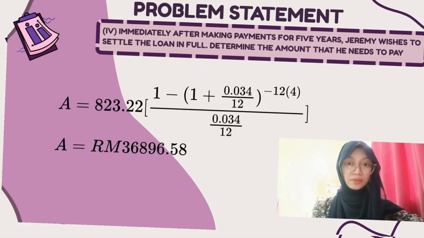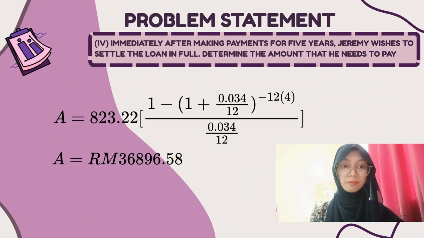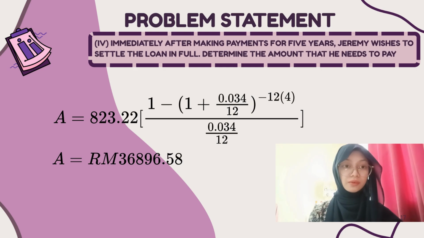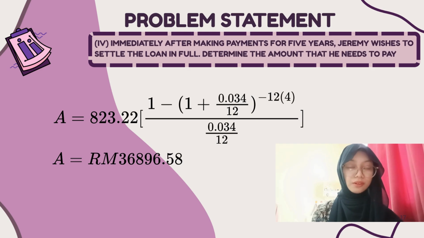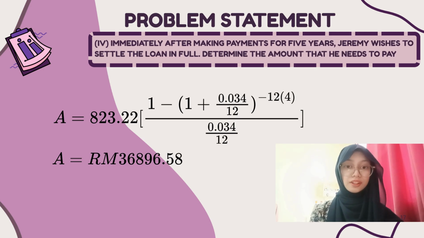For the next question, part C, number 4 is, immediately after making payment for 5 years, Jeremy wished to settle the loan in full. Determine the amount that he needs to pay. For this question, we are going to use the present value formula because it's a loan, not an investment. Look at the question carefully.